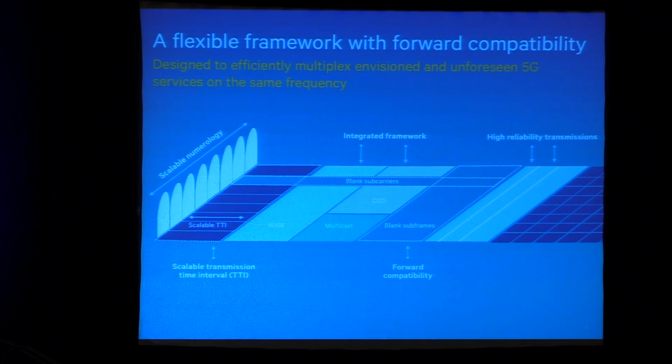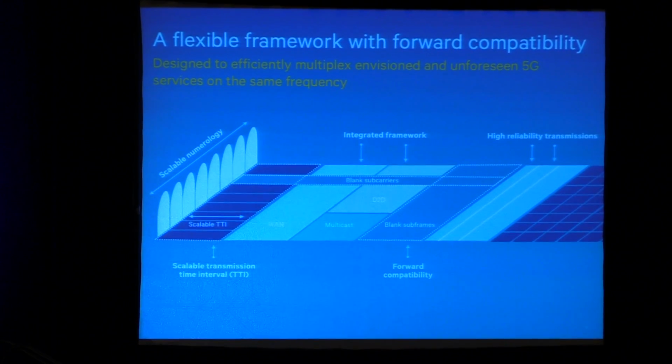LTE is already defined down to a millisecond. In 5G, we're talking about defining to maybe a fraction of a millisecond, maybe 200 microseconds, and be able to scale that. You can see in there in time a section for WAN, another section for multicast and peer-to-peer.